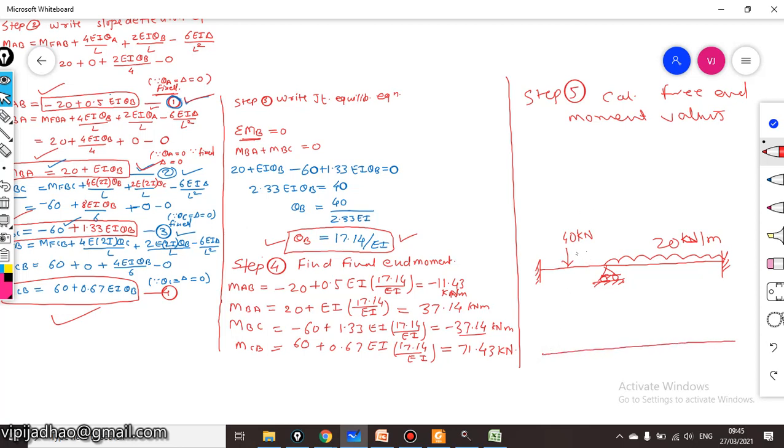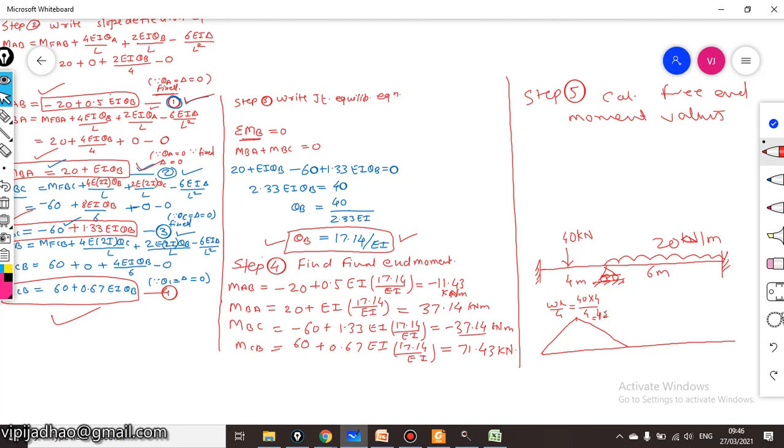We know that for a point load, the free end moment value will be equal to WL upon 4. So this will be 40 into 4 meter, divided by 4, which is equal to 40 kilonewton meter.